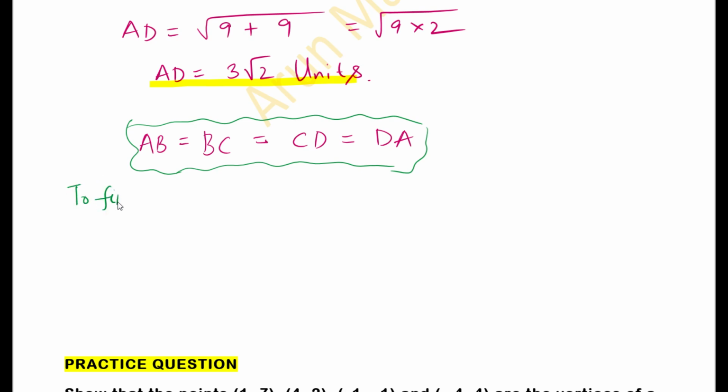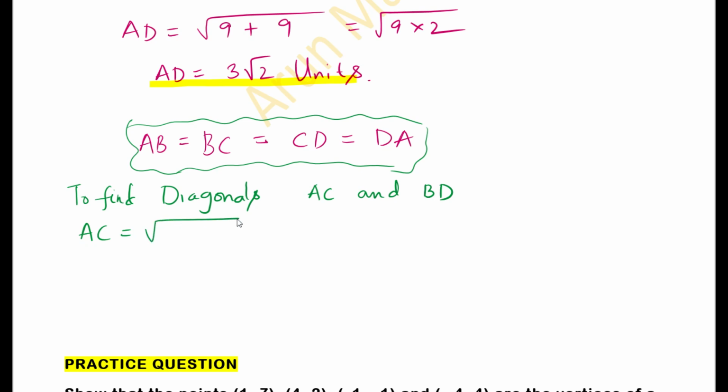To find diagonals AC and BD, find out AC.